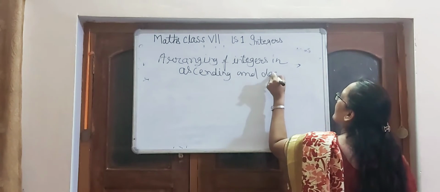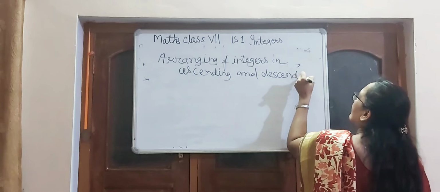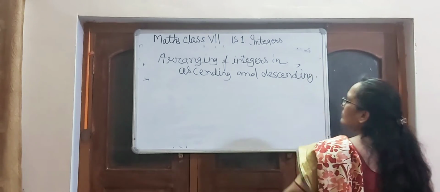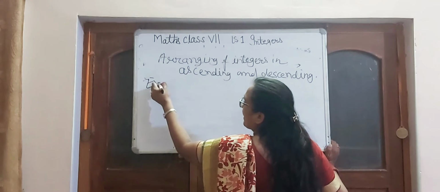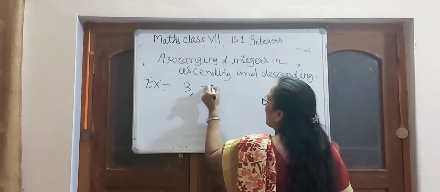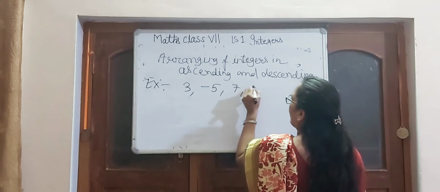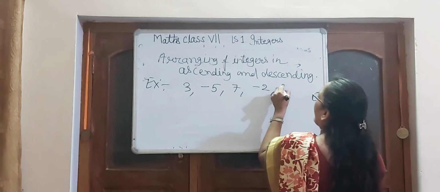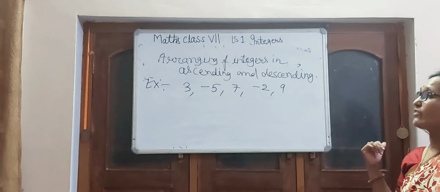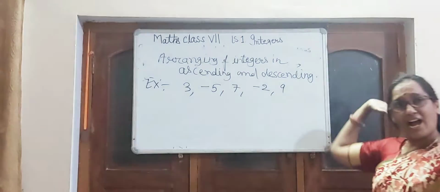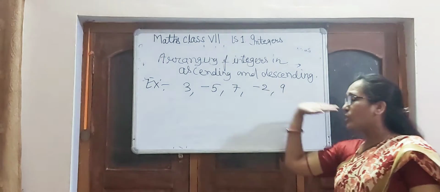You know better what ascending and descending numbers are. I am going to give one example: 3, minus 5, 7, minus 2 and 9. Arrange these numbers in ascending order. What is the meaning of ascending? Smallest to greatest.